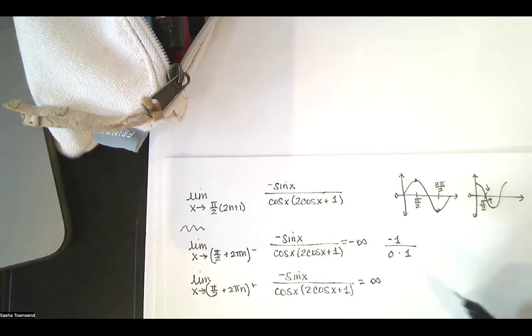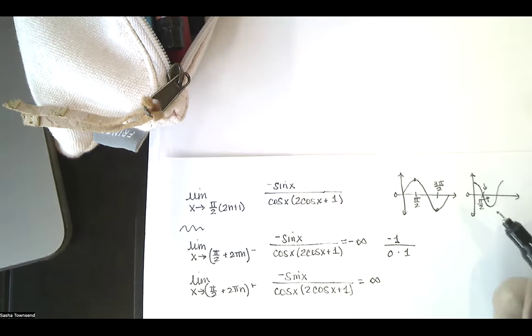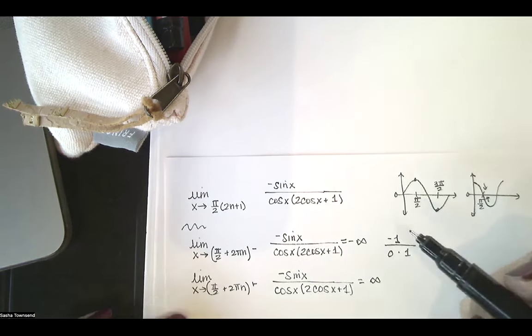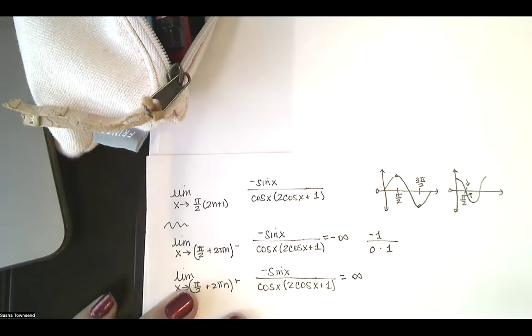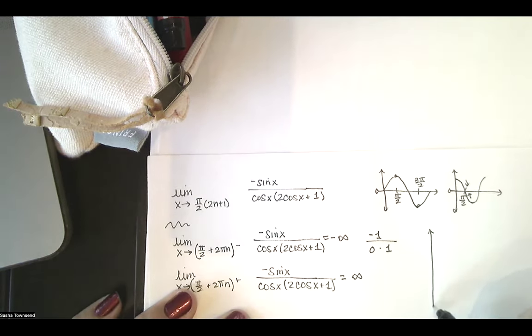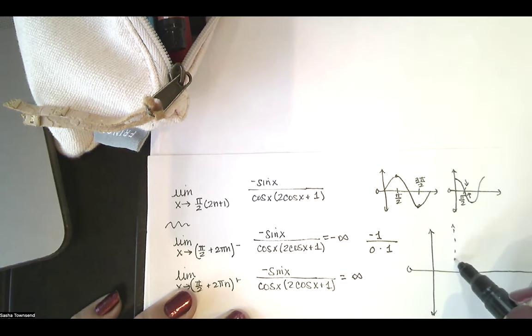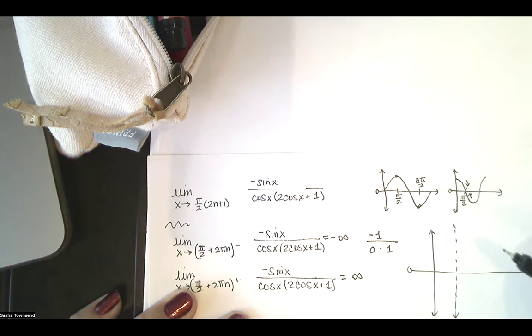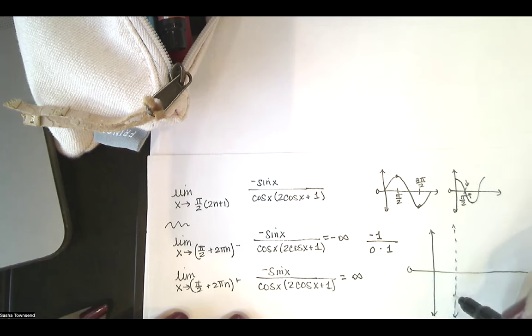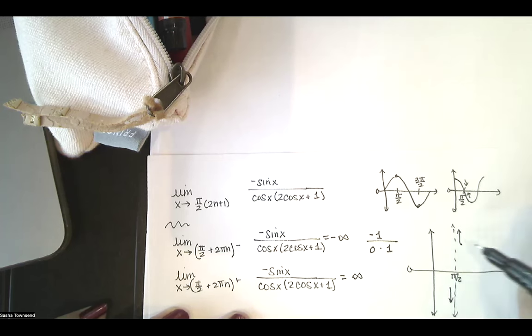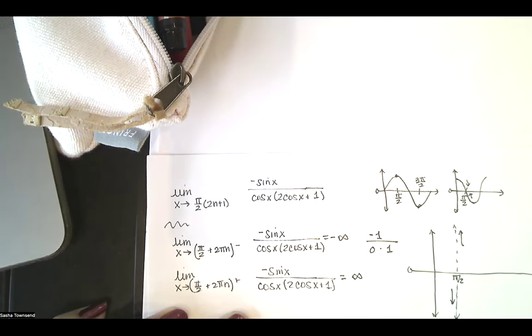So we're going to go to infinity. Okay, so we know on the left and right of pi over 2, we get negative infinity and infinity. This is in the graph of f prime. So we have negative infinity on one side of pi over 2 and positive infinity on the other.